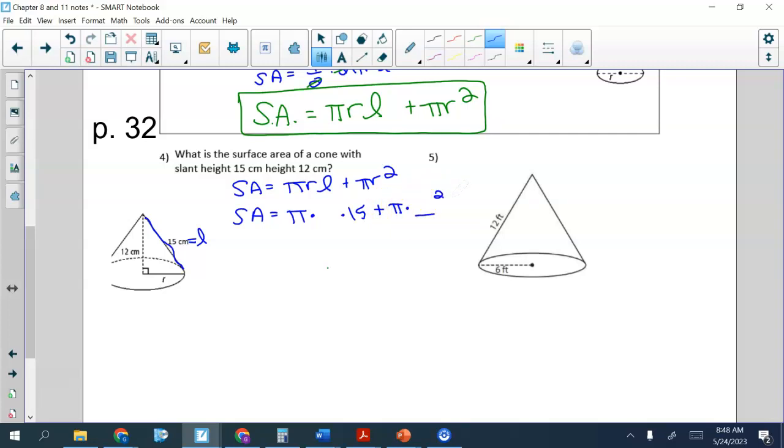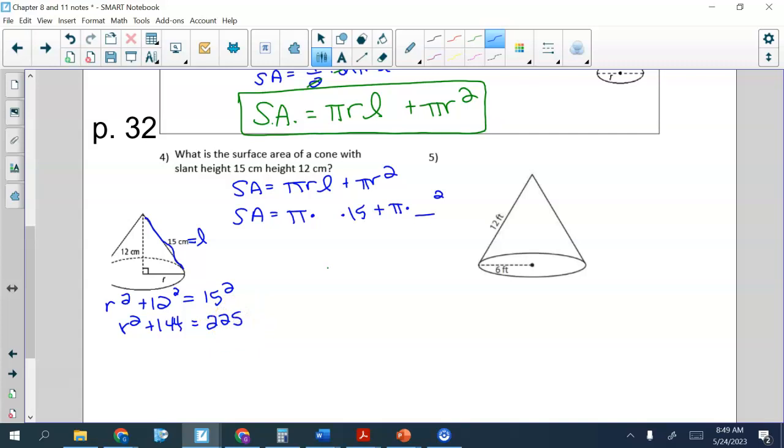So what we need to do is calculate our radius. So there we go again. We have another right triangle. We can use that Pythagorean theorem. A squared plus b squared equals c squared. Remember, you're going to put that hypotenuse always last as your c. All right, so go ahead and finish that up. I think this one comes out to be an even number here.